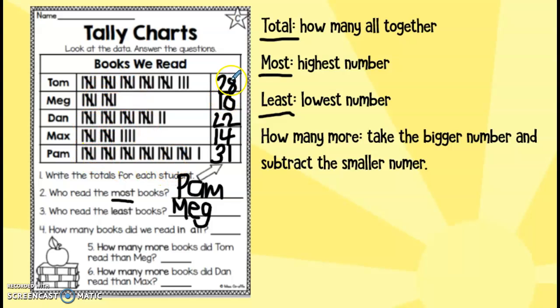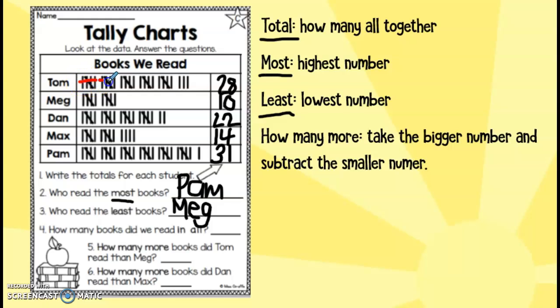One way I could do it would be to add 28 plus 10 plus 22 plus 14 plus 31, or I could just go through and count my tallies. I think the easiest thing for us to do would be to just count the tallies. So I'm going to count out the groups of 5 first, and then I'm going to save the extras for later to count all the way at the end. So I'm going to cross them out as I do them.